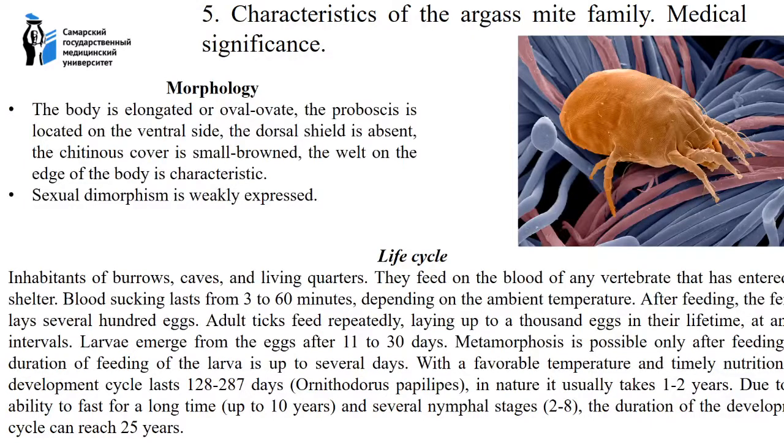Ornithodorus papillipes. In nature, it usually takes 1 to 2 years, due to the ability to fast for a long time, up to 10 years, and several nymphal stages, 2 to 8.